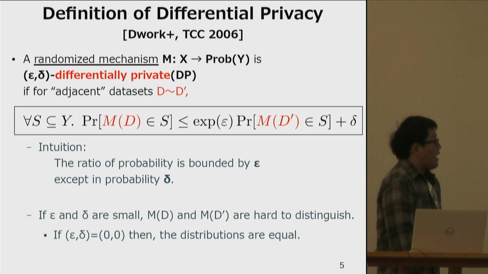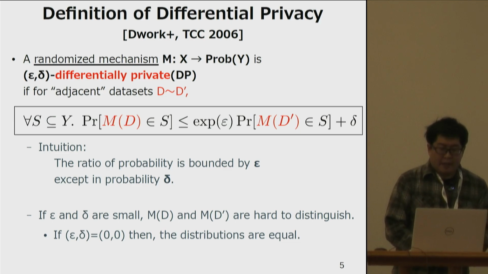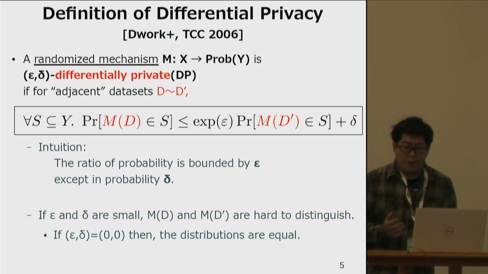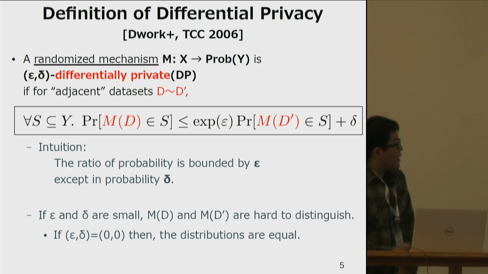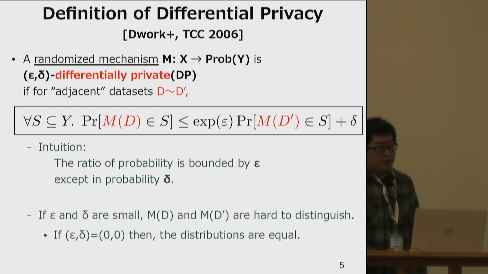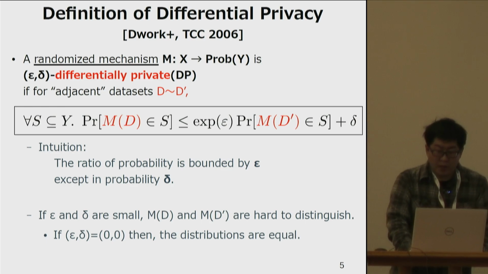Importantly, if epsilon and delta are small, the two distributions, MD and MD prime, are hard to distinguish. In particular, if both epsilon and delta are 0, the distributions MD and MD prime are the same.